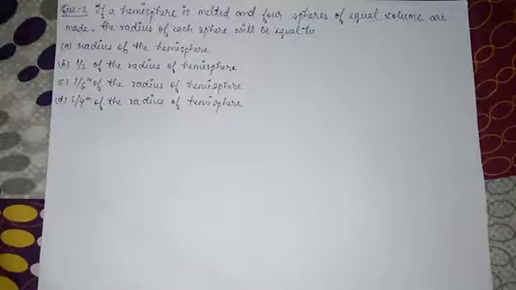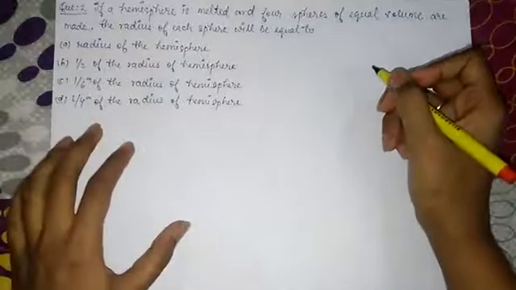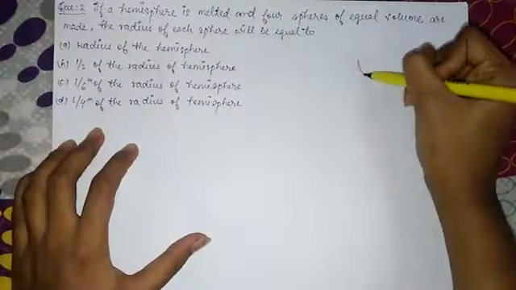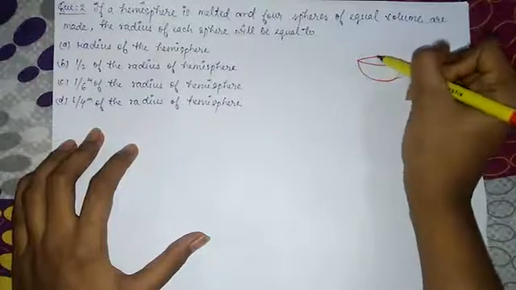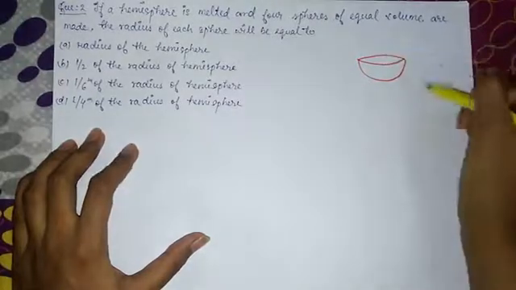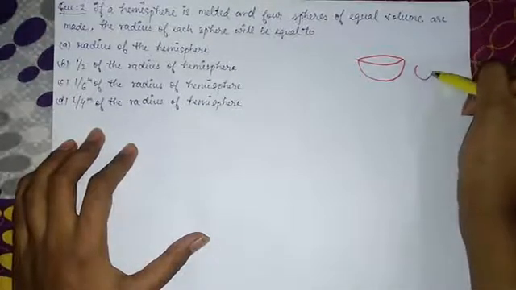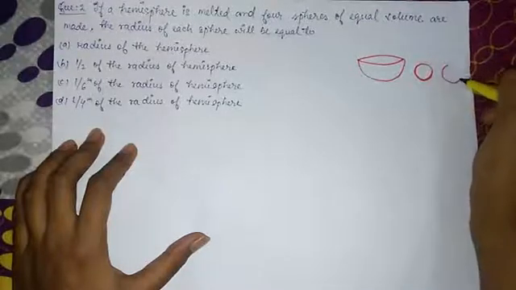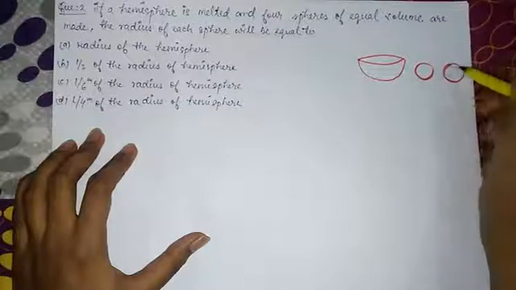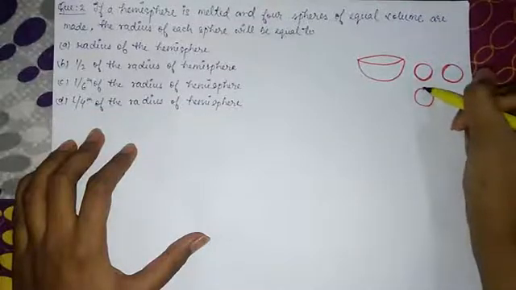First I'll make the figure. So this is a hemisphere and these are 4 spheres which have been formed out of the melted hemisphere.